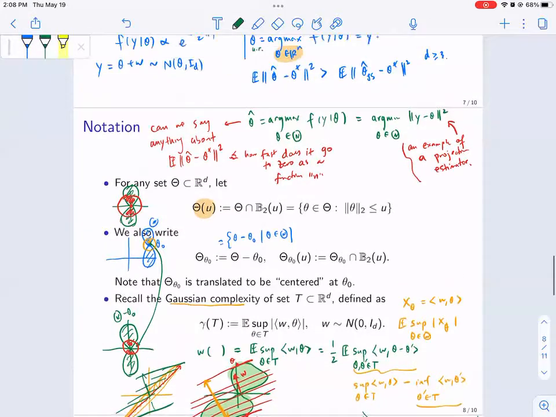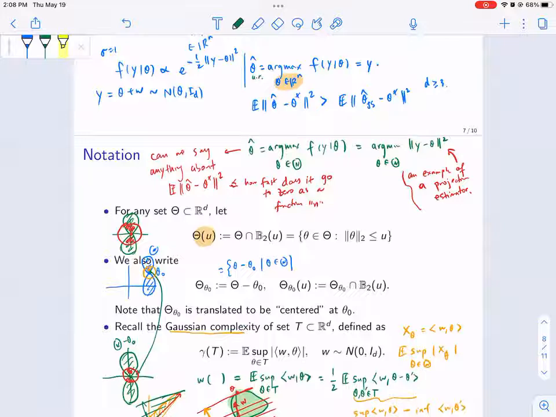So a natural estimator in this case is this restricted MLE, which is just the constrained least squares estimator. You can think of it as a projection estimator because you're finding the closest point in Theta to y. If, for example, Theta is a linear space, this is just the usual projection. If it's a convex set, it's still a valid projection. But generally, you can think of it as a projection problem or a projection estimator.